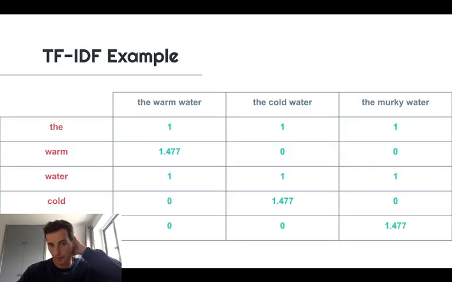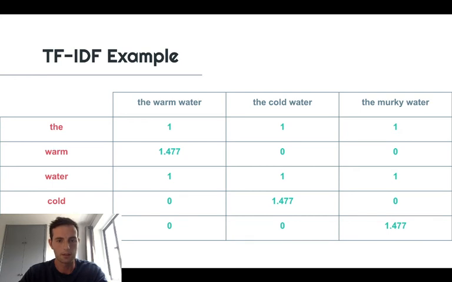So if I take three very, very simple sentences, the warm water, the cold water, and the murky water, right? There are only 3 words in each of those. If I use my bag of words model, I'd have each unique word down the left-hand side. Let's take the word the in the warm water, right?